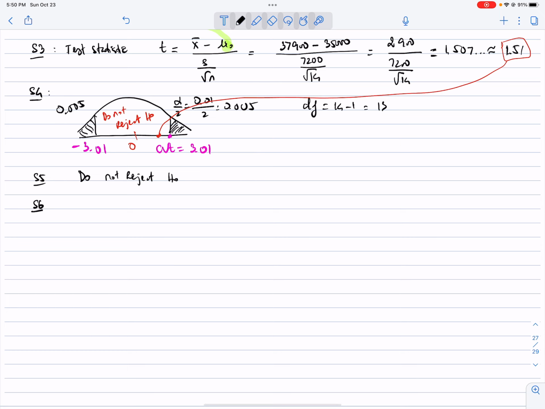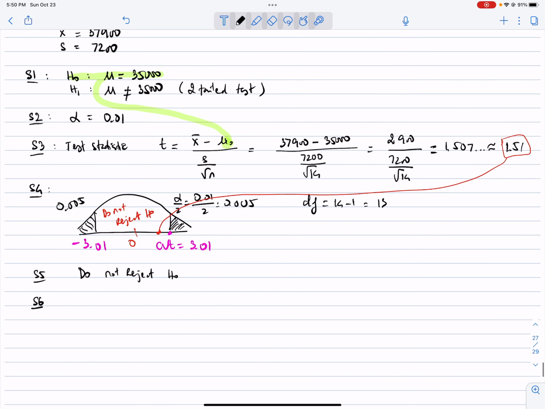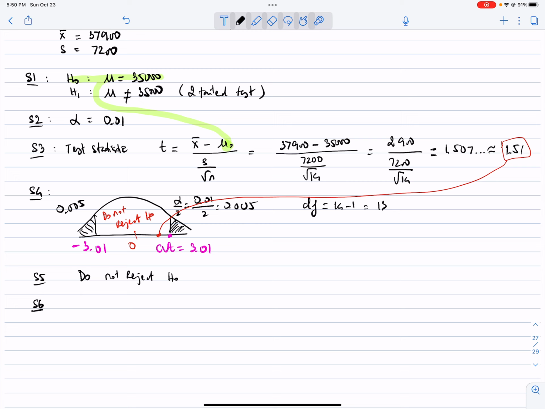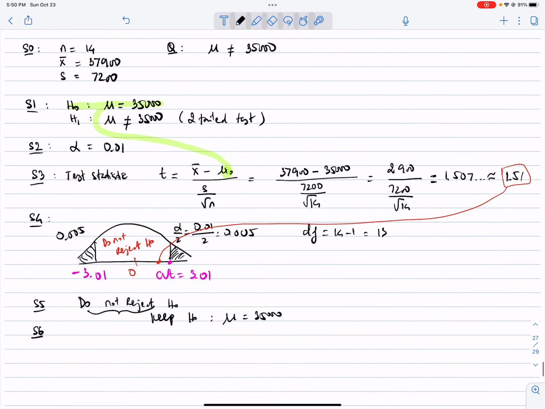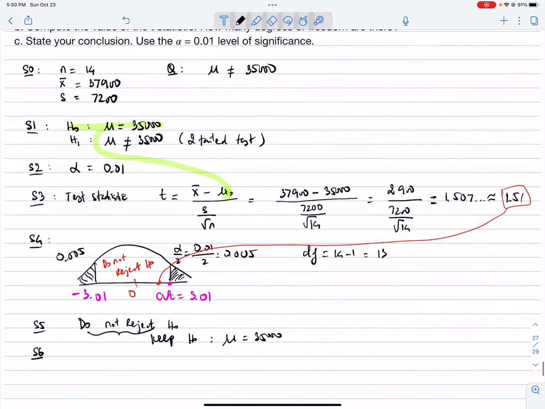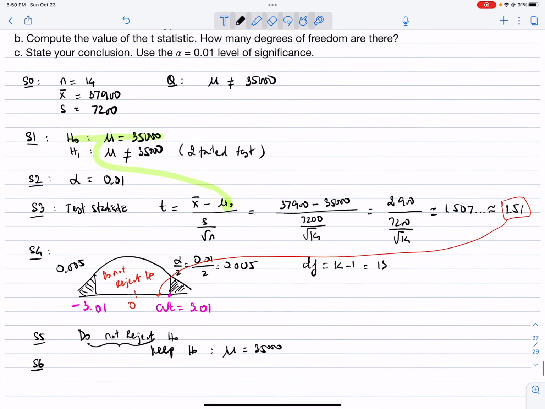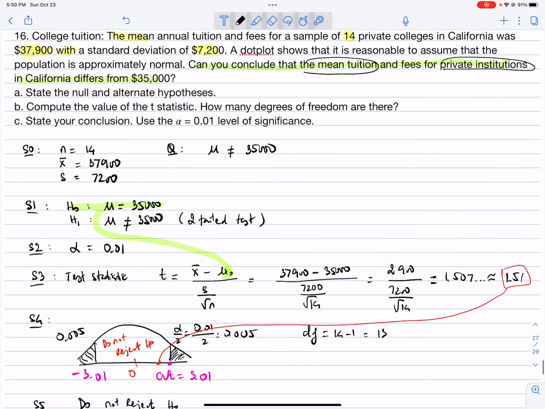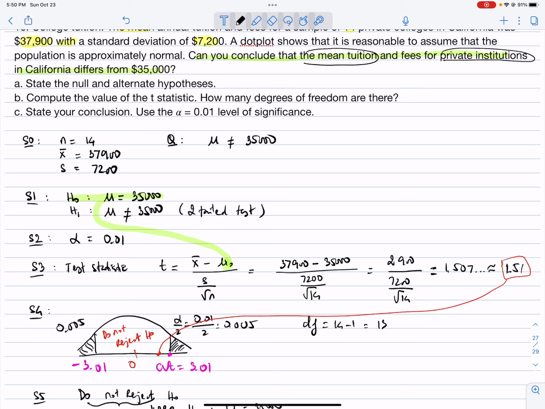So step number 6, we go back to step number 1 because the null is step number 1. We do not reject the null. It is the same meaning as we keep the null. So the null states that the mean is equal to 35,000. Okay. So we would say that the mean is 35,000. And the question is asking, can you conclude that the mean tuition and fee for private institutions in California differs? But we just have the decision that the mean is the same as 35,000.